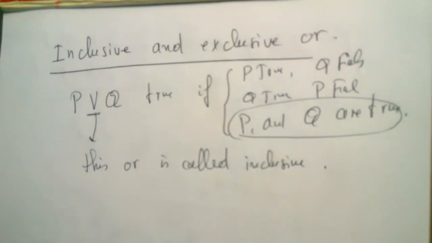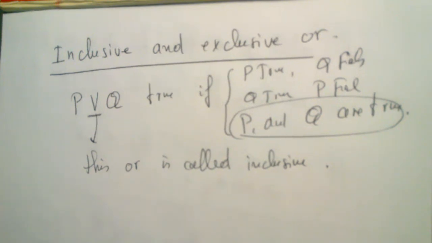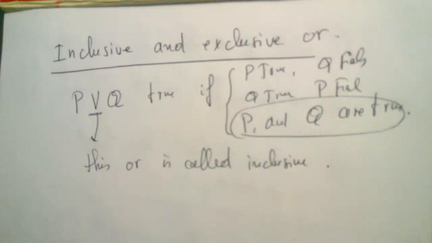Now, in English, a lot of the time the OR is not inclusive. The typical example everybody gives is the following. If you go to the restaurant and you want a drink, and the person asks you, do you want coffee or tea? What do they mean by the OR here?